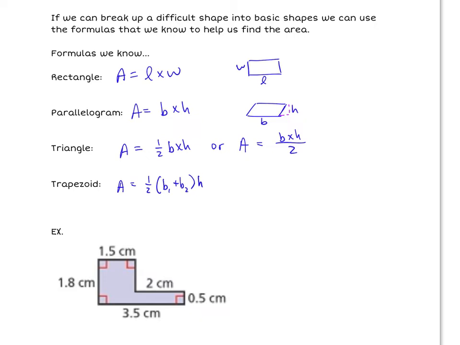If I were to draw one here, a trapezoid has one pair of parallel sides. So you would have base 1 here, base 2 here, and we need to know our height. So there's our height. You take all those measurements and plug them into the formula.